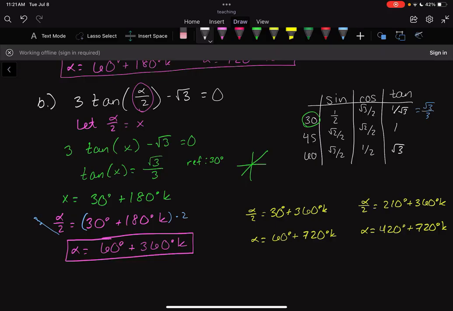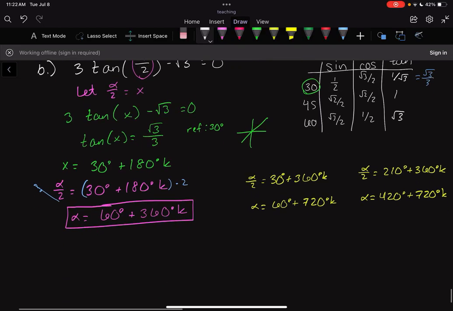So let me pull one up from the homework. A lot of them just make you use the normal ones that we always see, like 30, 45, 60. But here's one that doesn't.